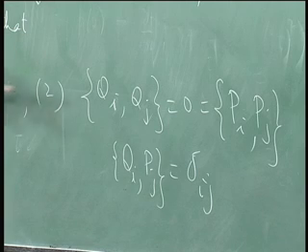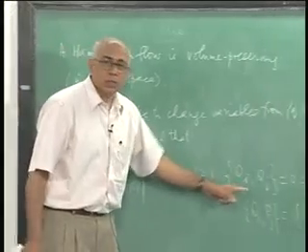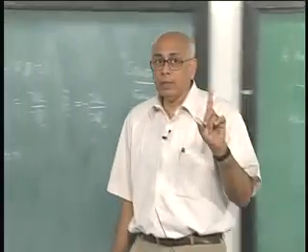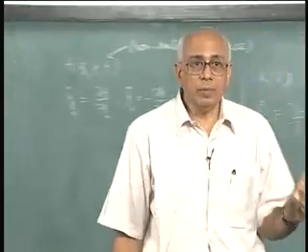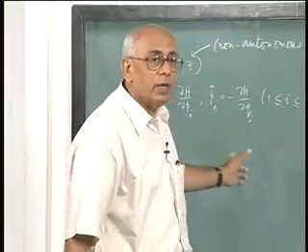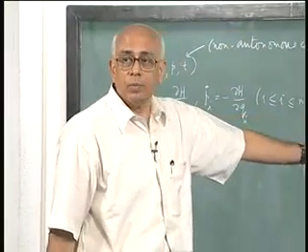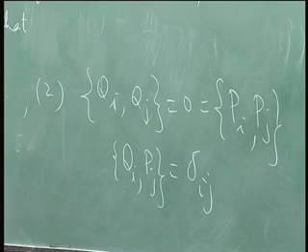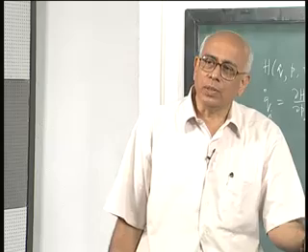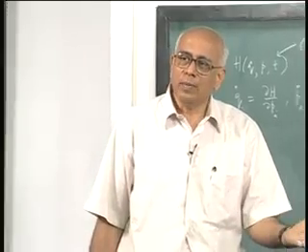Now there is no reference to any particular Hamiltonian here, but you are guaranteed that if this and that are true, then for every dynamical system, Hamiltonian system with n degrees of freedom with those generalized coordinates and momenta, the transformation is guaranteed to be canonical. So you can easily see that there are some transformations which would be canonical for a given Hamiltonian, but there are other transformations which would be canonical for all Hamiltonians independent of what the Hamiltonian is.